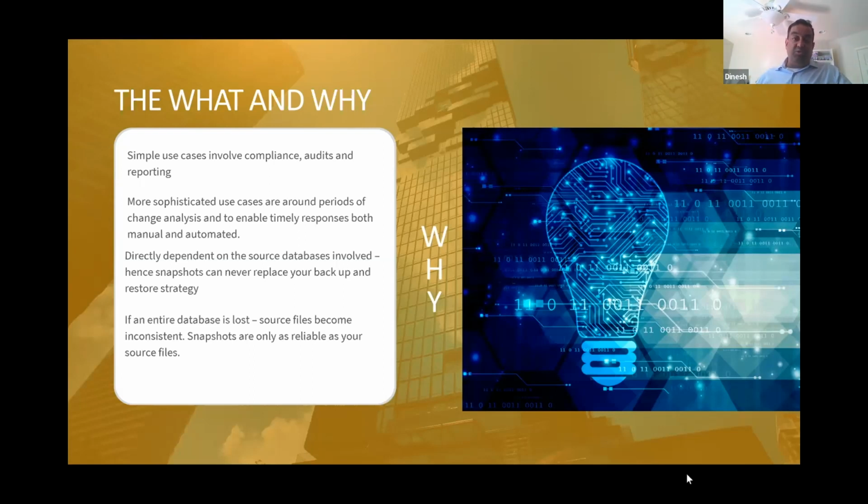So the truth lies in your source databases, and that's why your snapshots can never replace your backup or restore strategy. If an entire database is lost, the source files become inconsistent, and your snapshots are only as reliable as your source files. So maintaining the integrity of your source databases is critical through your database backup strategy.